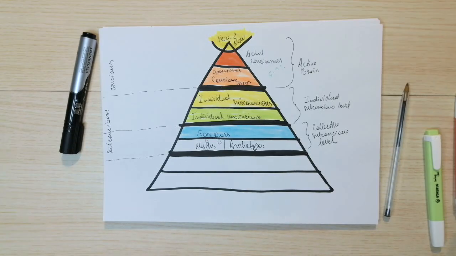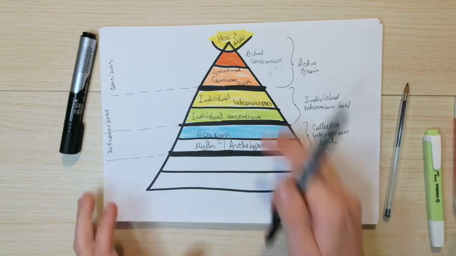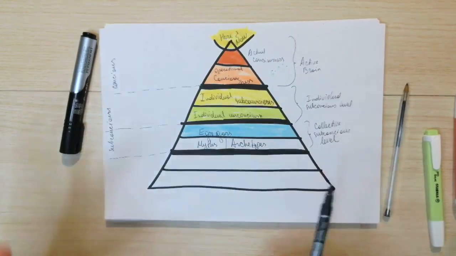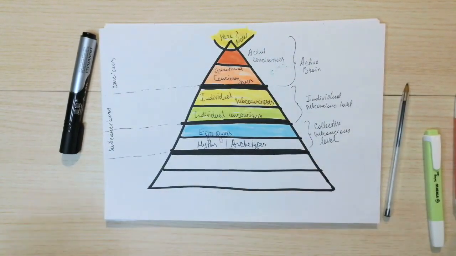So you might see some of these ideas of conscious, unconscious, subconscious levels, and that Carl Jung put together this theory.